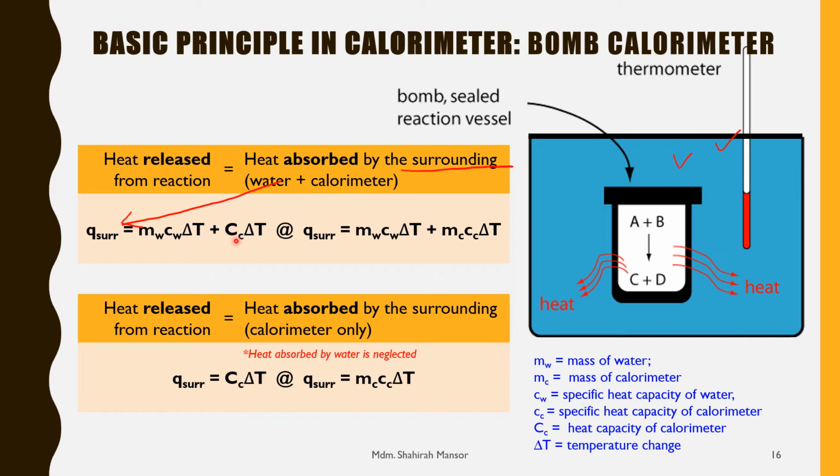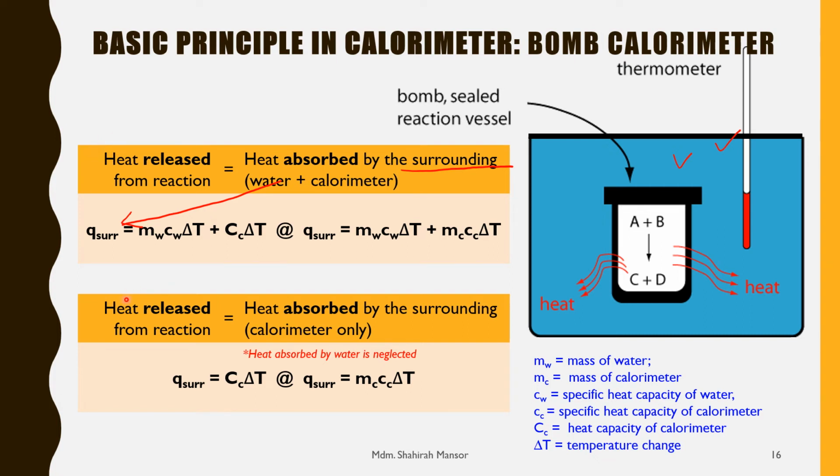So apa-apa pun nak tentukan sama ada surrounding kita tu adalah water and calorimeter ataupun water sahaja ataupun calorimeter sahaja, you kena baca ayat di dalam soalan. So from the information given in the soalan, we can predict what will be the surrounding. So this is the first option.